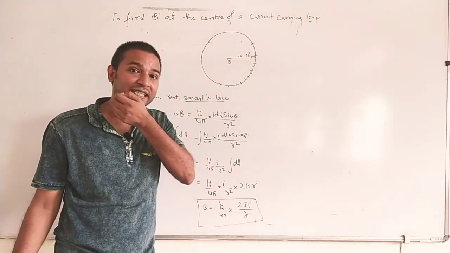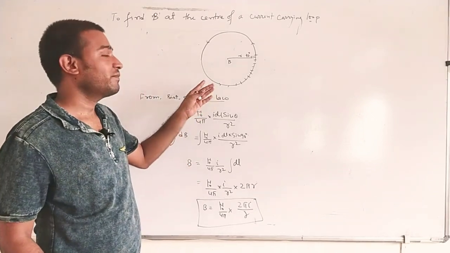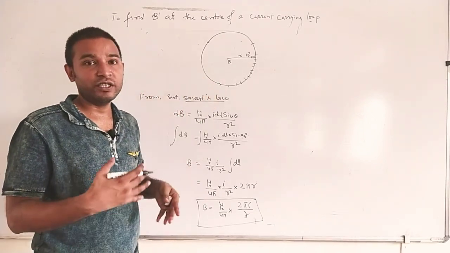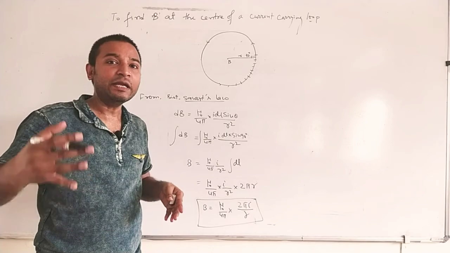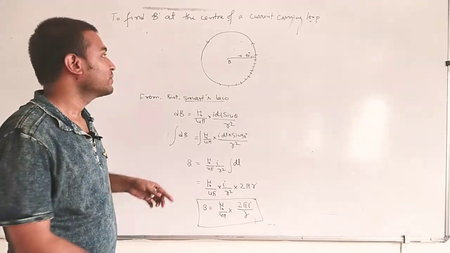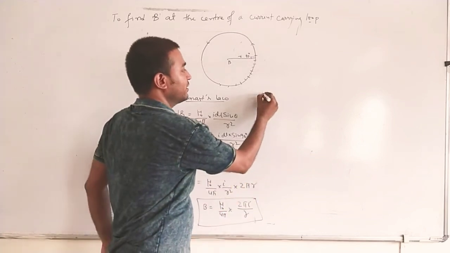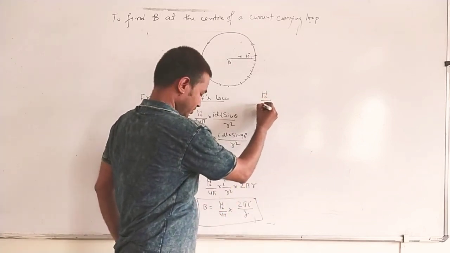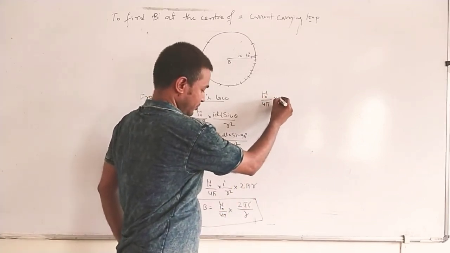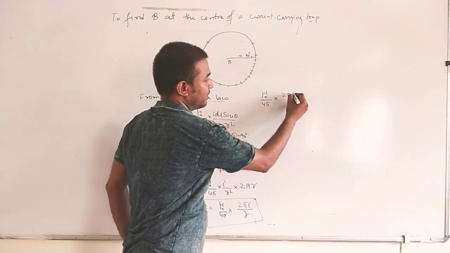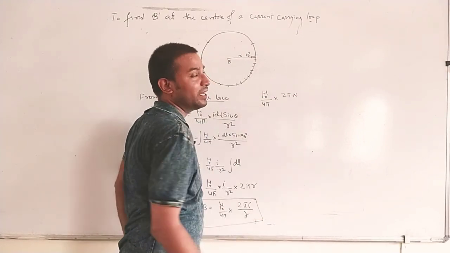But remember that if it is a loop with n number of turns, there will be n number of coils. In that case we should simply multiply by n.